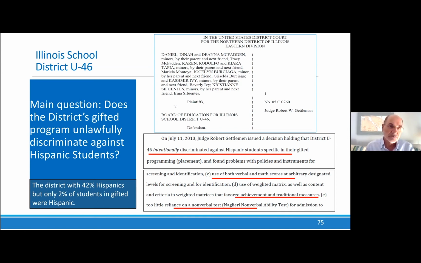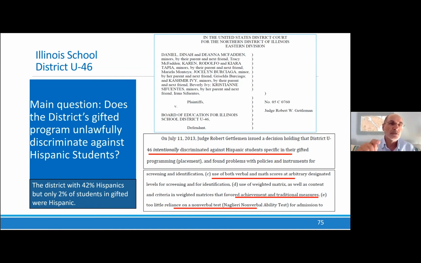Something's wrong, right? So what the judge determined was that the district intentionally discriminated against Hispanic students by placing too much emphasis on verbal and math test scores to get into the gifted program. Even though they gave my Naglieri Nonverbal, basically they ignored it. So a student with a really high score on a nonverbal test couldn't get in because they didn't have high verbal scores.